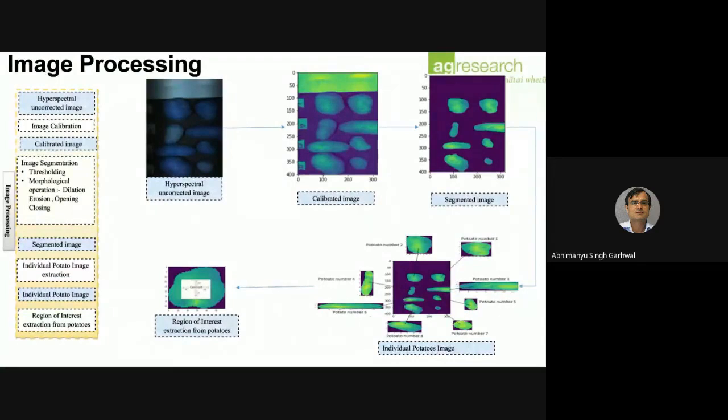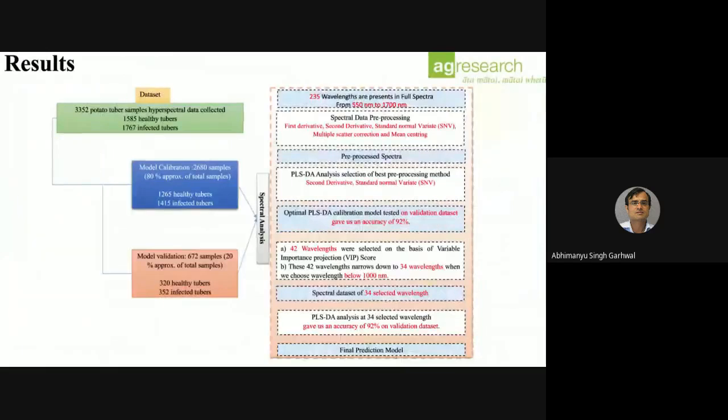There are these two-dimensional images at 550, 570, 580 nanometers, which means there are a number of images behind that. So it's 235 images for one potato, which is 235 wavelengths from 550 nanometers to 1700 nanometers.